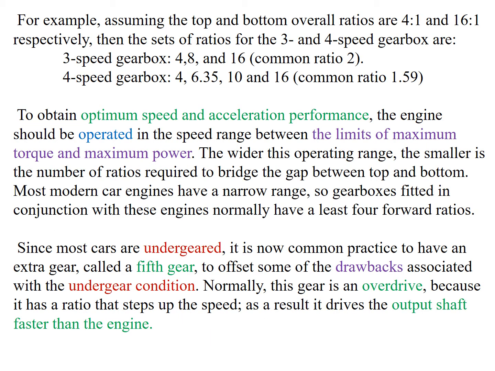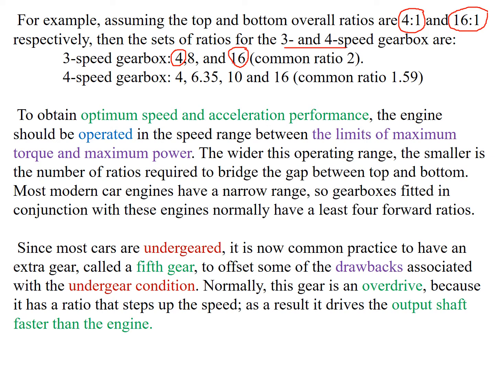This means that all the individual ratios advance by a common ratio. For example, the top and bottom overall ratios are 4:1 and 16:1 respectively, and then the set of ratios for 3 and 4 speed gearboxes. For a 3 speed, we have 4 and 16, top and bottom.